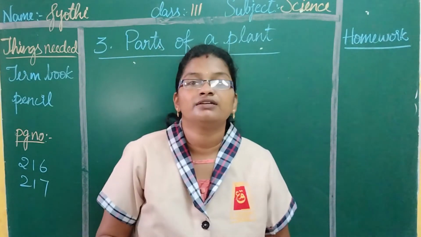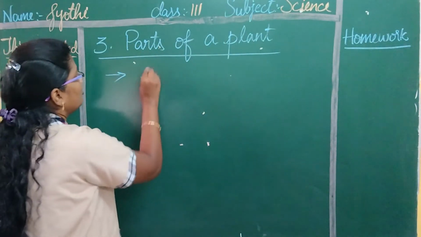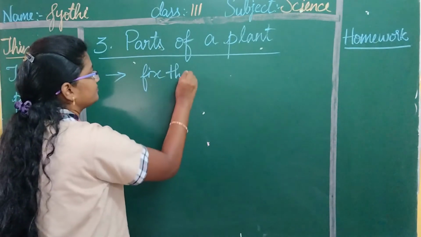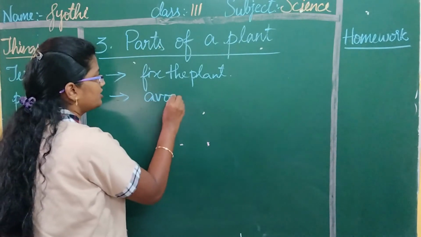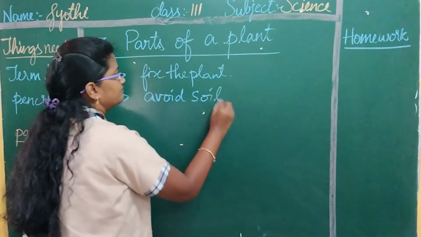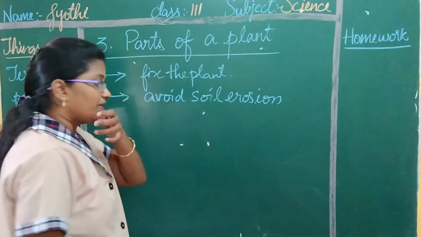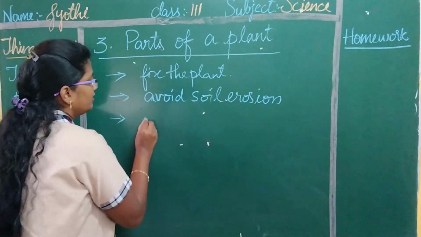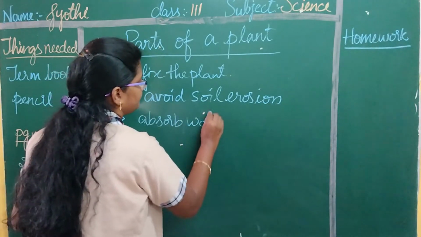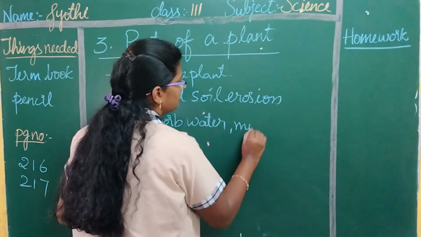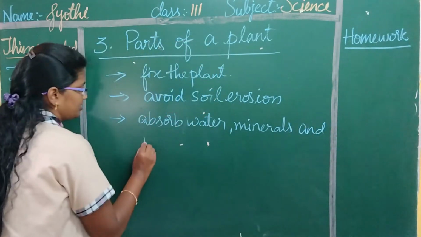So these are the functions of the root. What is the first function of the root? They are going to fix the plant. Then they avoid soil erosion. And what is the third one? They absorb water, minerals and nutrients.